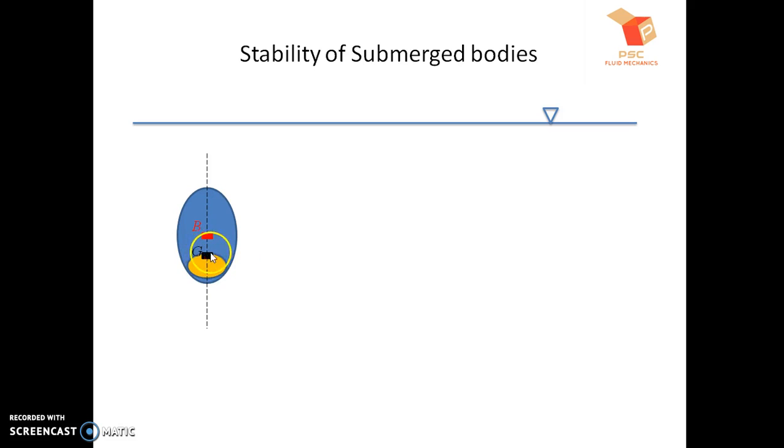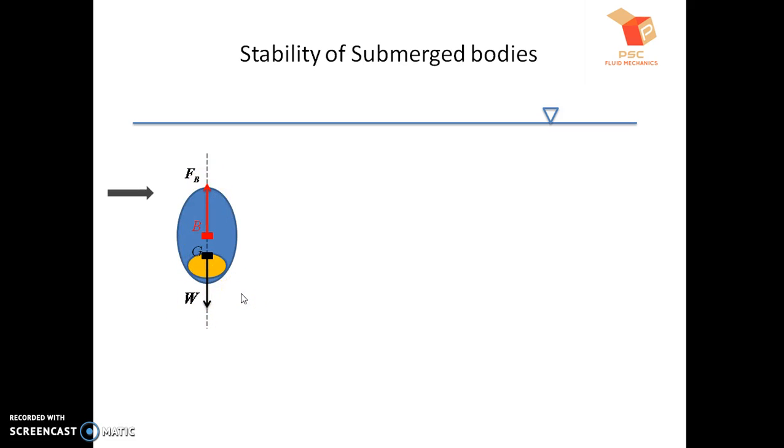So here we will have the center of gravity, and at the centroid of this body we will have the center of buoyancy. At the center of gravity, weight will act in the downward direction, and at the center of buoyancy, buoyant force will act vertically upward. And this body is now in a state of equilibrium because W and FB have the same magnitude, and they are acting along the same line of action.